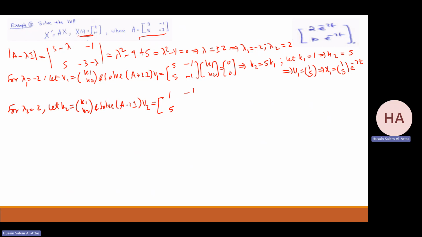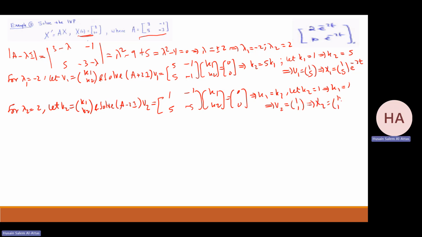This is 5, 3 minus 2, that is minus 5... times K1, K2 equals 0, 0. Very clear, I have K1 equals K2. So if I let K2 equal 1, I let K1 equal 1. So V2 is 1, 1, and X2 is 1, 1 times e to the 2t.